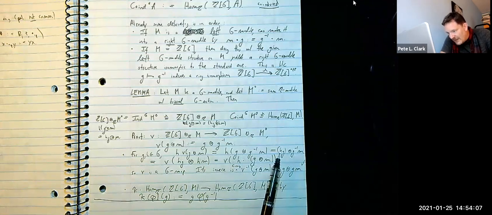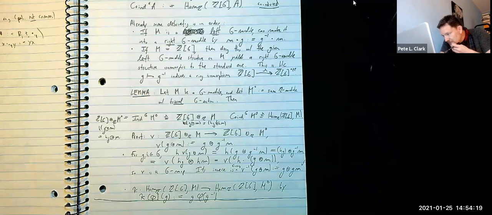Okay, and then that's the same as applying the map to HG tensor HM. Let's see. Did I write what I wanted to write there? Let me see. HG tensor.